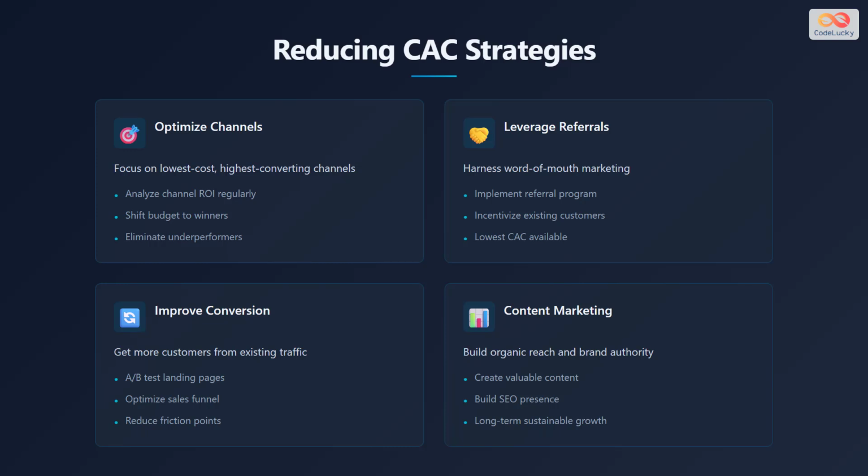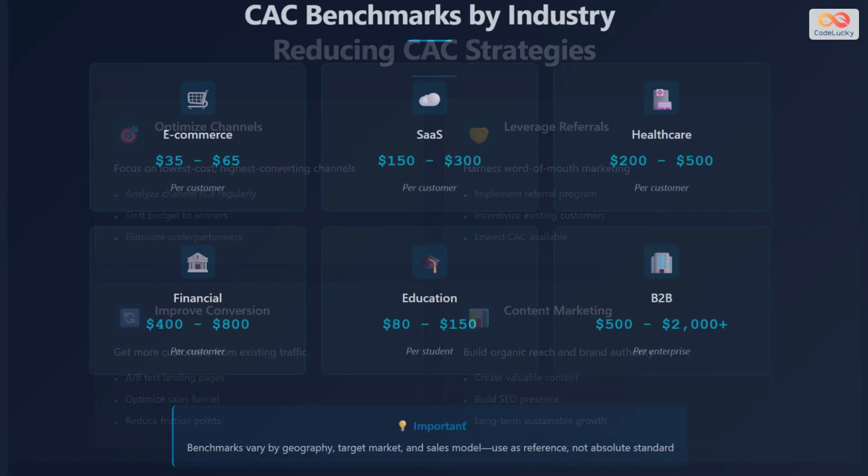Third, improve conversion rates. Conduct A/B tests on your landing pages, optimize your sales funnel, and remove friction points that prevent people from becoming customers. Finally, invest in content marketing. Create valuable content, build your search engine optimization presence, and establish long-term sustainable growth through authority and trust.